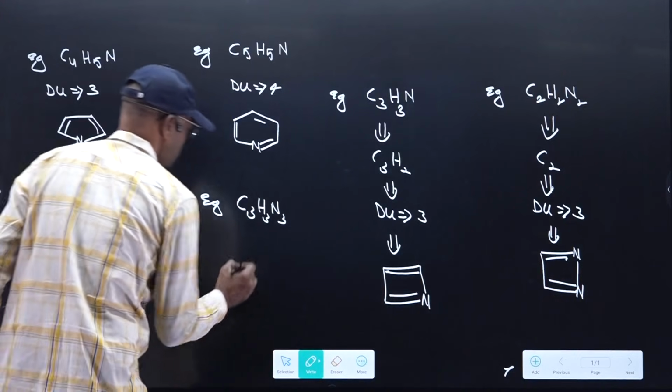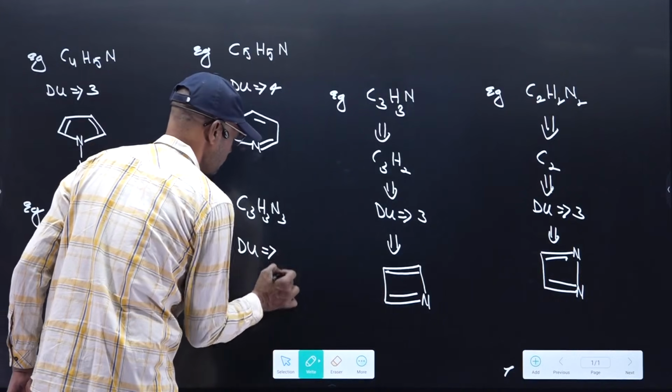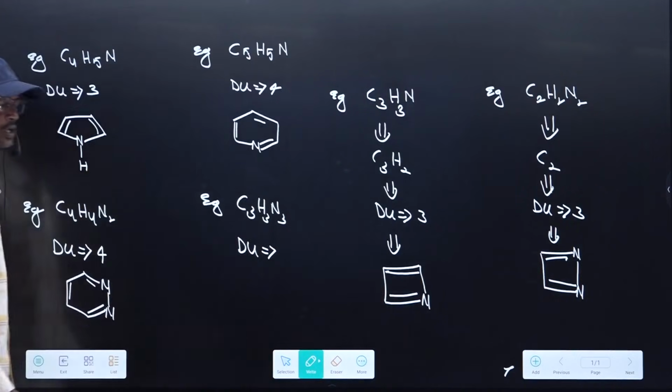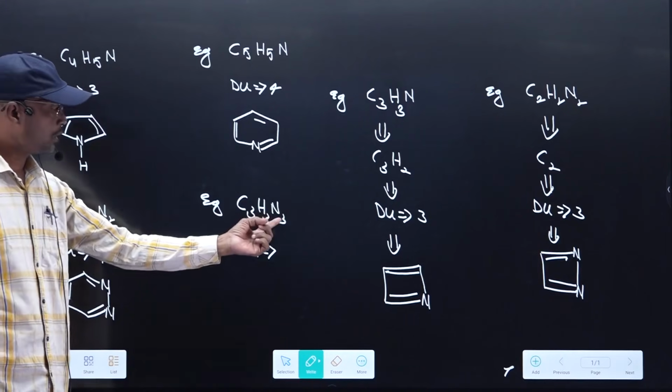Now we have 3 nitrogens. What about DU? C3H3N3. 3 or 4? How much? 4, not 3. 3 nitrogens, remove 3 hydrogens.